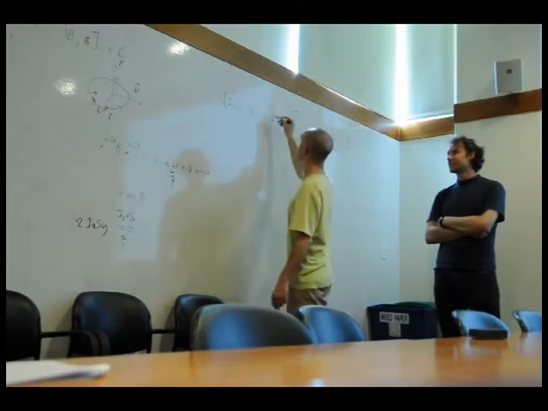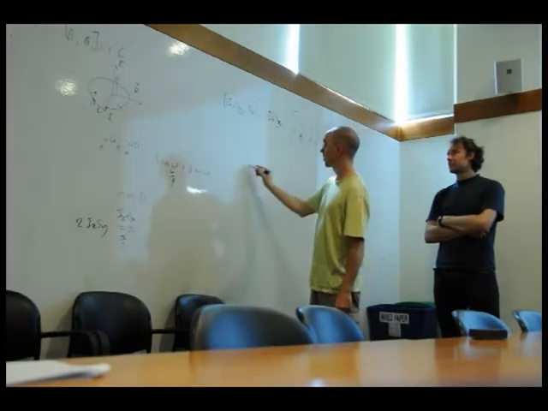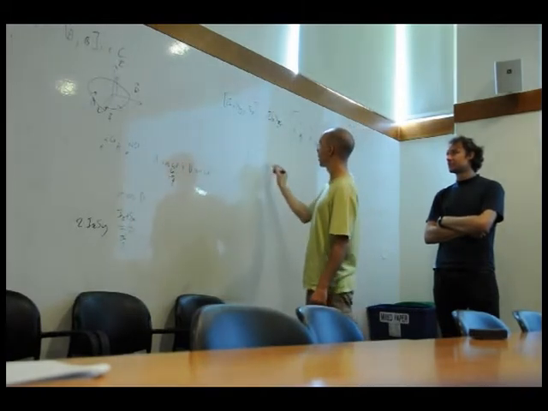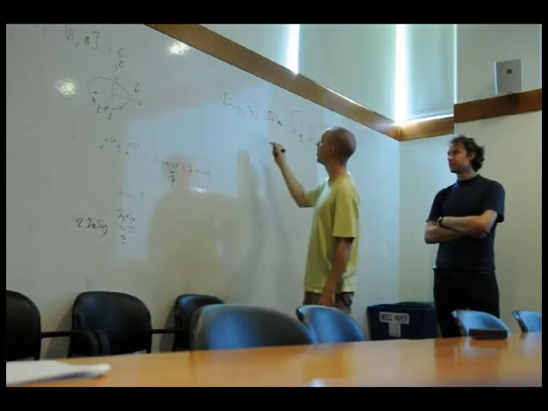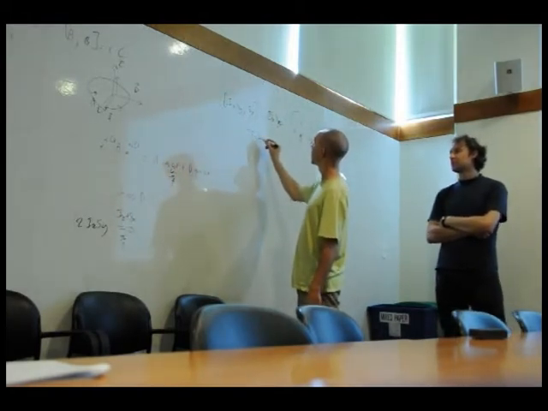Sorry. Okay? And so we can write this orthonormal thing here, where we have 2IxSz.